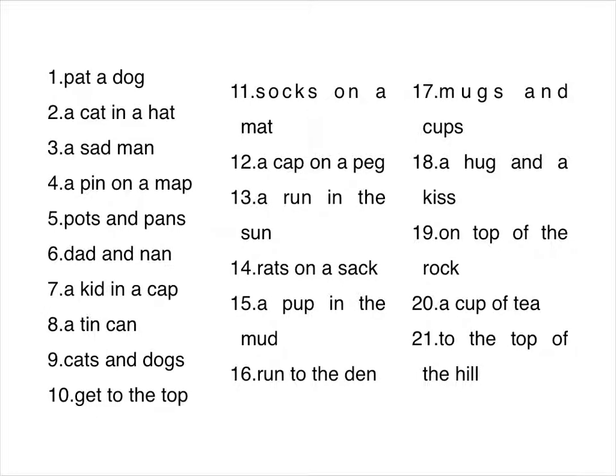The reason you have this here is that when you say pat a dog, you have two content words, the verb pat and dog, and something in the middle, which is going to be definitely weak. Pat a dog, a cat in a hat.